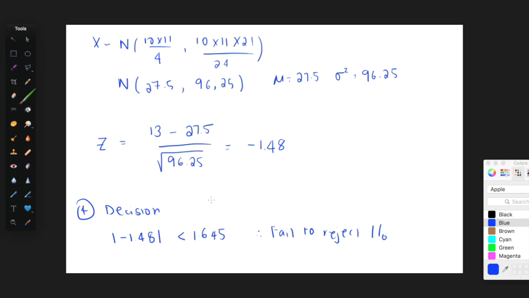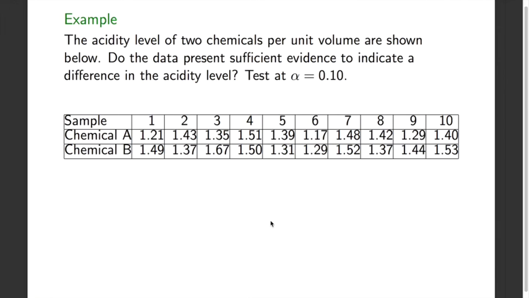And when we fail to reject H naught, we're saying that the data provided insufficient evidence to indicate that there's a difference between the acidity level of chemical A and chemical B.